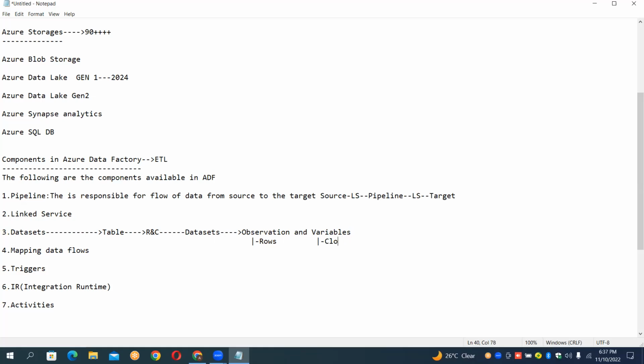So this is the collection of observations and variables, that is, the rows and columns. In the same way, here we call it a data set.